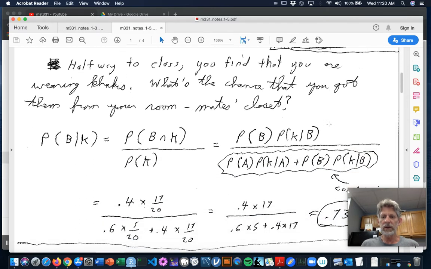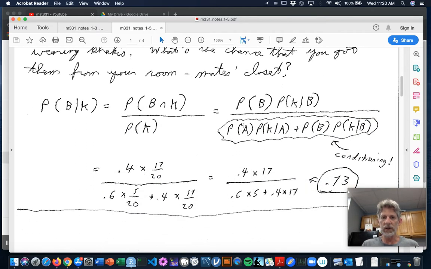But let's just remind ourselves of how the conditioning works. So you can find the probability of K by conditioning on whether you went into closet A or B. And it would turn out to be the probability of A times the probability of khakis given A plus the probability of B times the probability of khakis given B, okay?